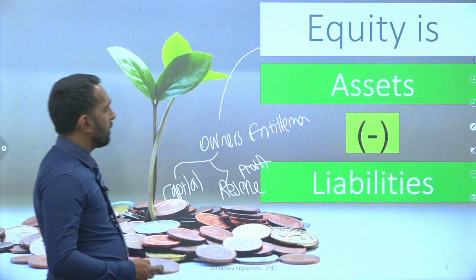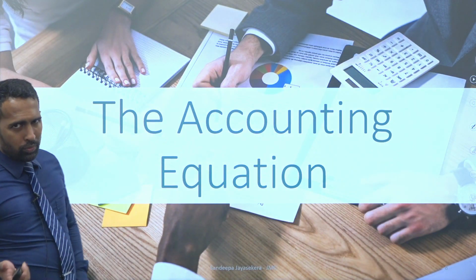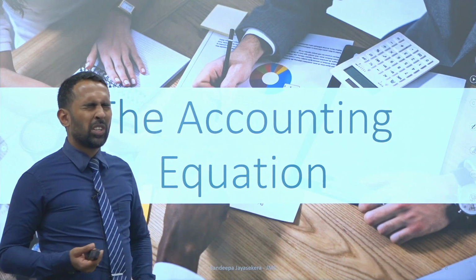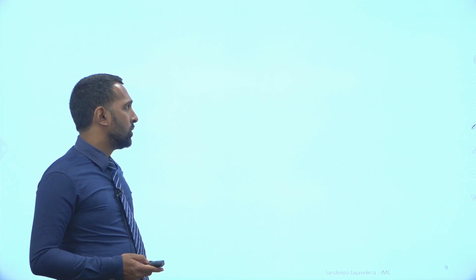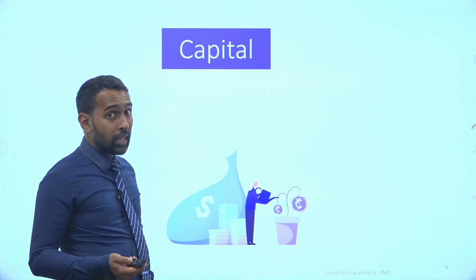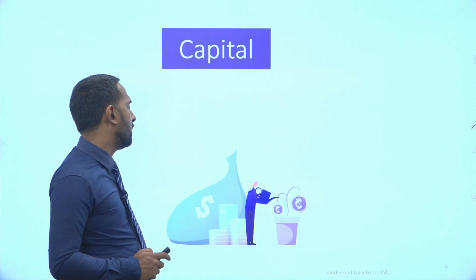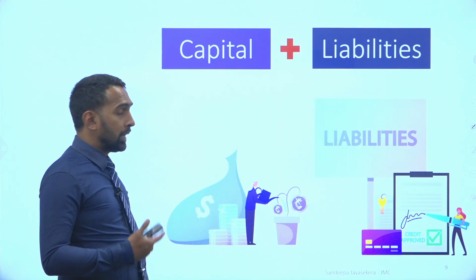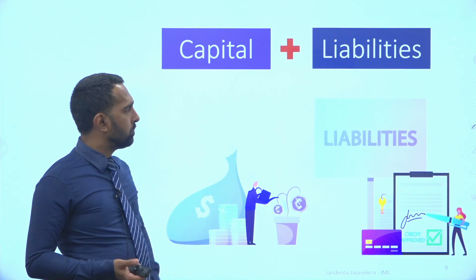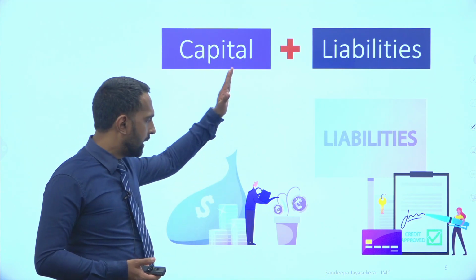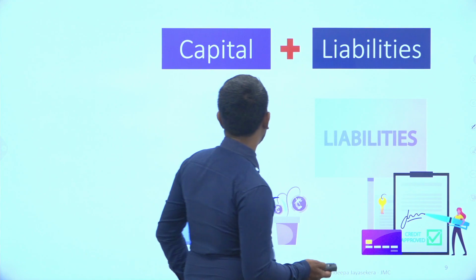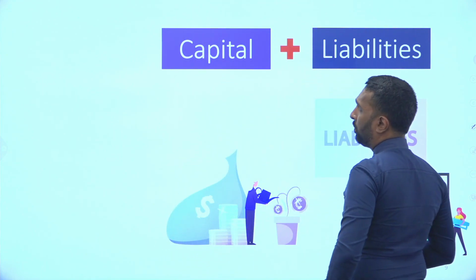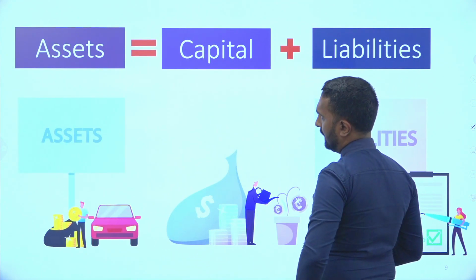Okay, right. So we'll move on to the accounting equation, which you already know. It's basically the owner's capital, or in other words equity, plus the liabilities, the external commitments. So in other words, your financing shall be equivalent to where you have invested your assets.